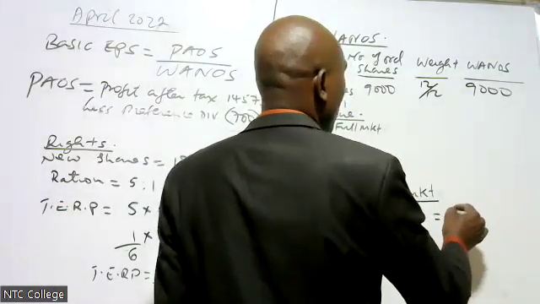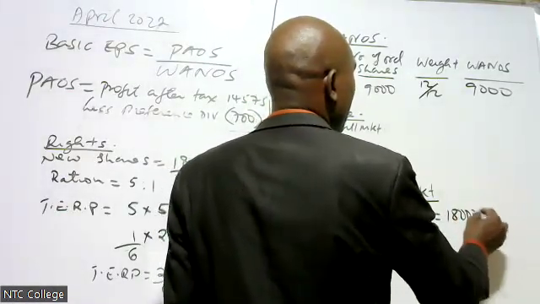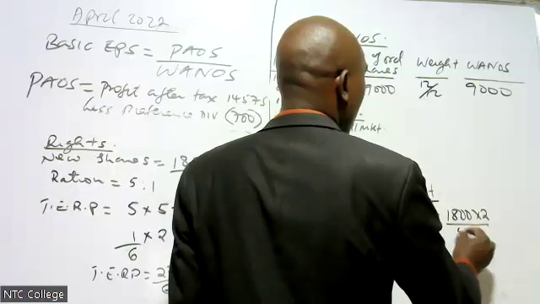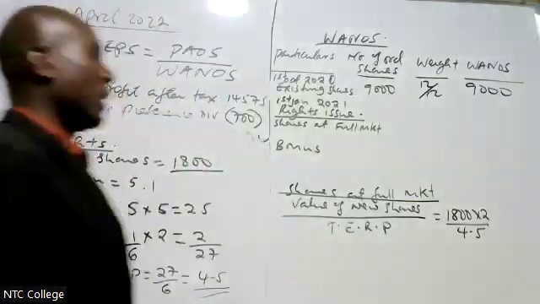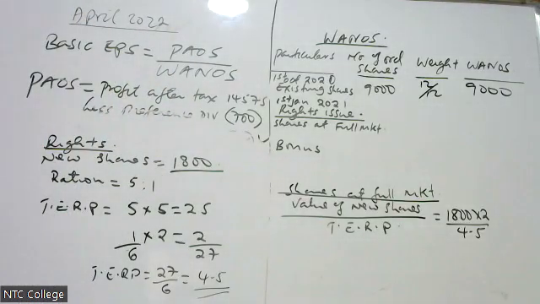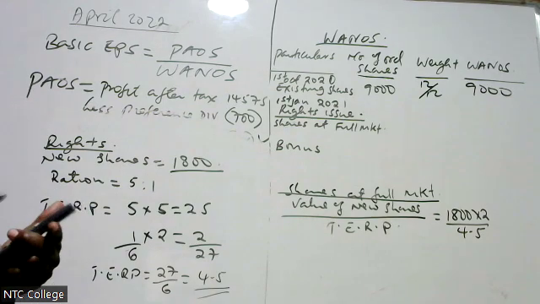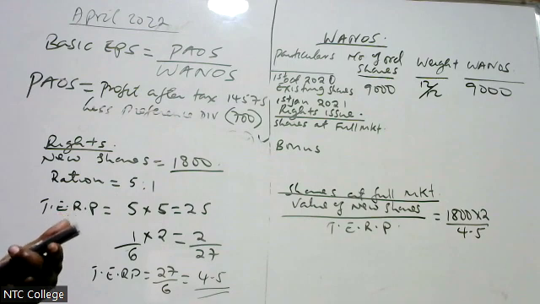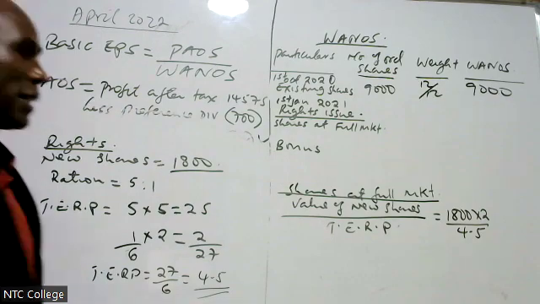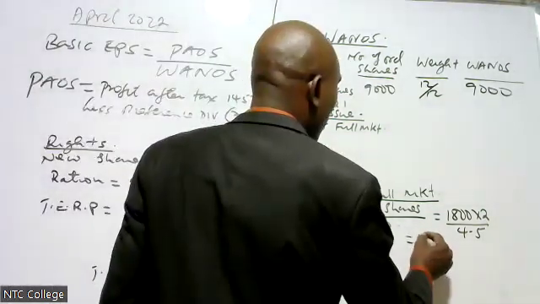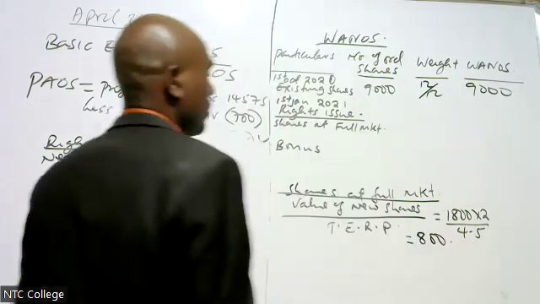I'm going to take 1800 times 2 divided by 4.5. 1800 is the new shares, coming at shillings 2. Then you divide by the theoretical ex-rights price, which is 4.5. It will be 36 divided by 4.5, which is 800. Therefore, my shares at full market is 800.